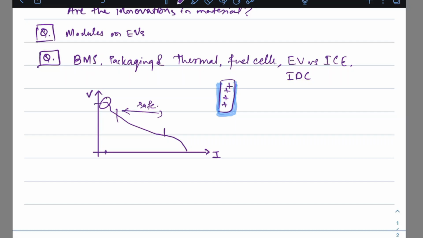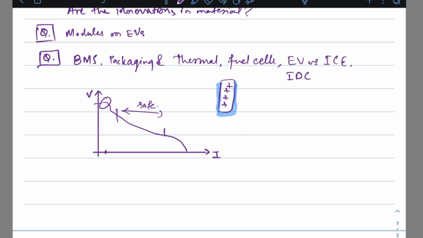You cannot have a European driving cycle to test your electric vehicle's battery range, because their driving will be very different from ours. That is why we need our own driving cycle which reflects the driving of a typical Indian user.